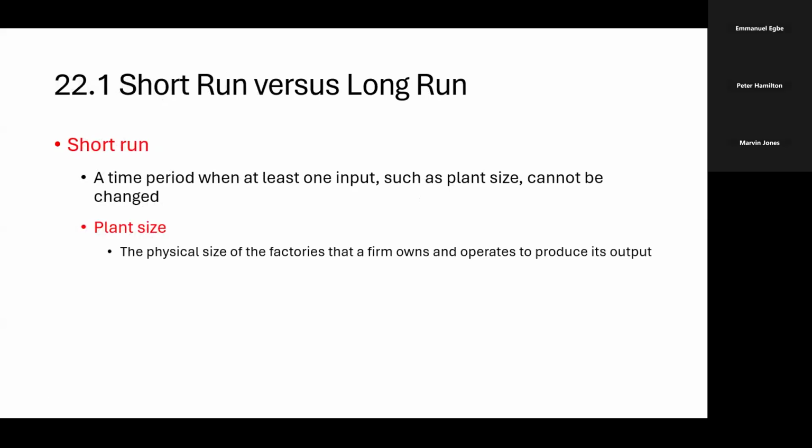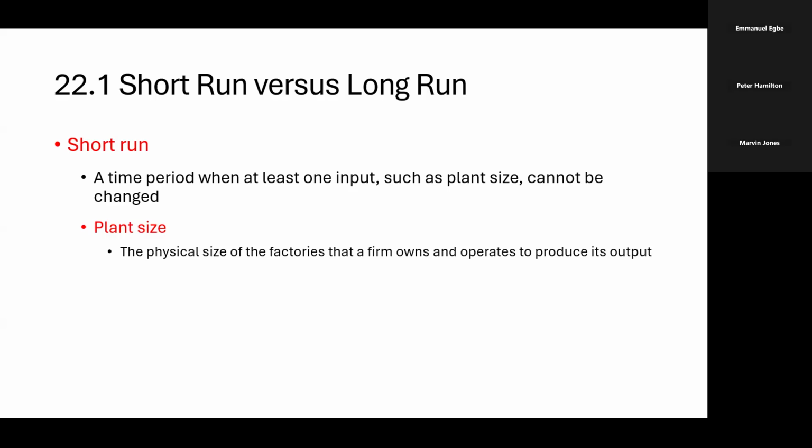We actually define the short run as a time period when at least one input cannot be changed. And so a firm engages in production by using different inputs. We typically use labor and capital to illustrate the process of production, but production sometimes involves several different inputs.